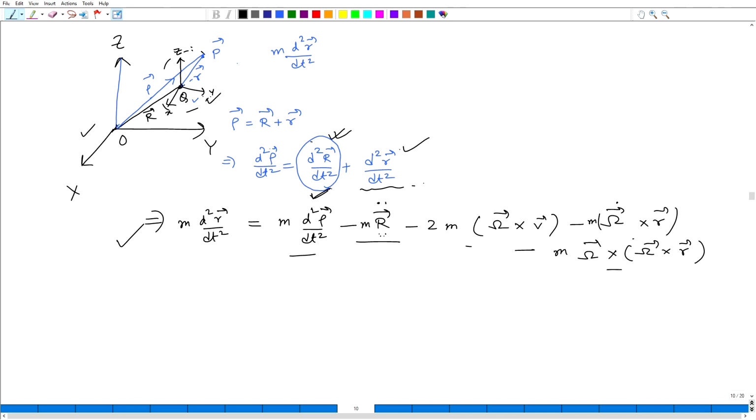Now, what to do with this formula? With this formula, we can try to study the motion of a particle with respect to earth, and with respect to some observer who is sitting on the surface of the earth. That will be a fantastic problem to treat, and a very important problem.